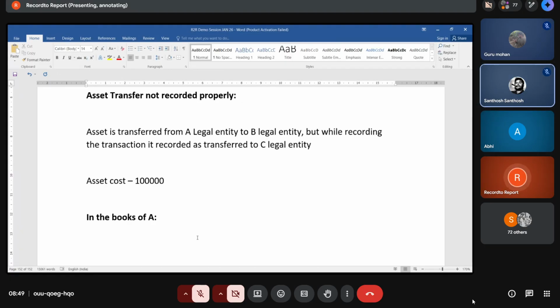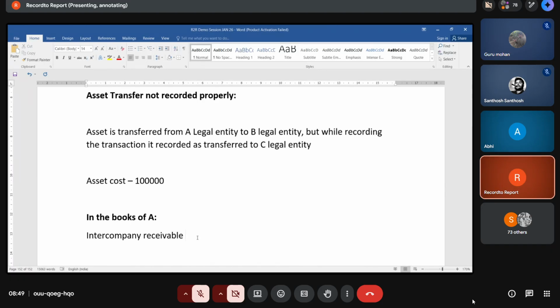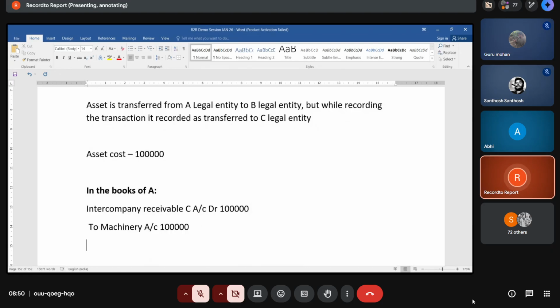From whom do they need to receive the money? From B. But in the books of A, it is recorded as intercompany receivable C account debit 1 lakh rupees to machinery account. So they have recorded it as C.